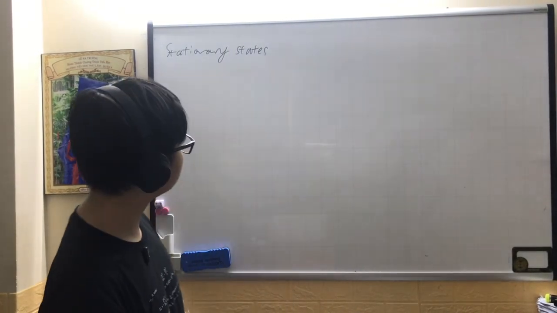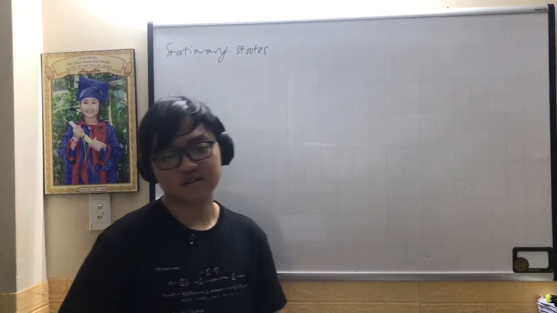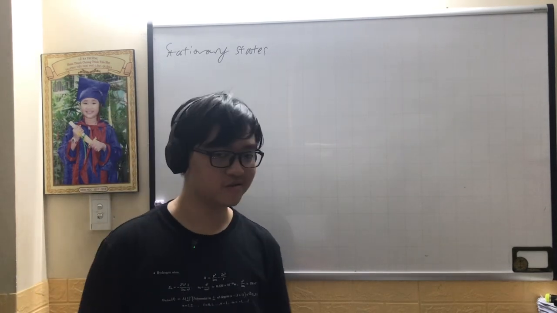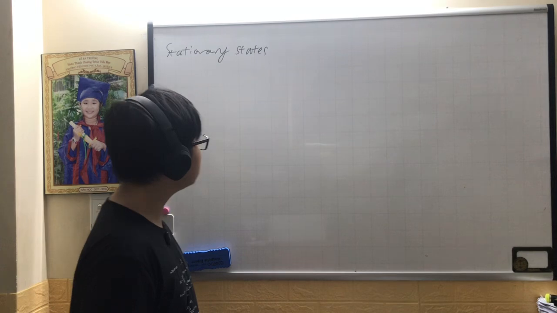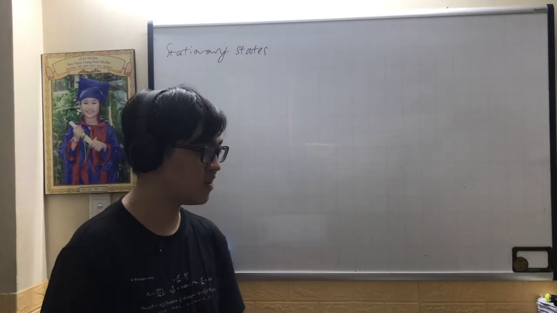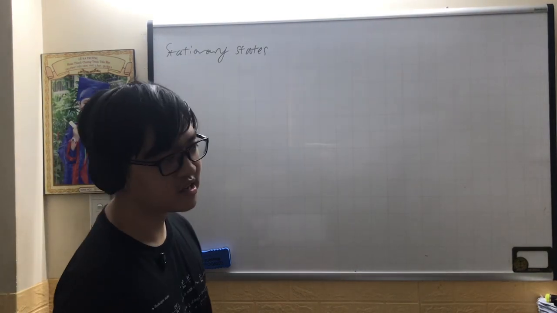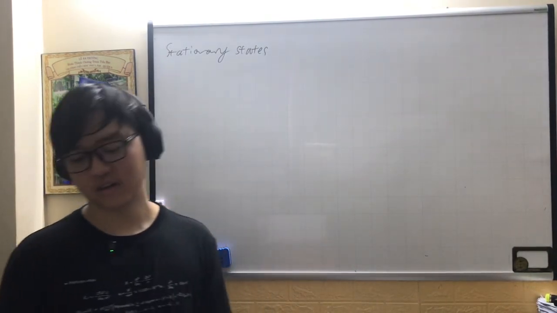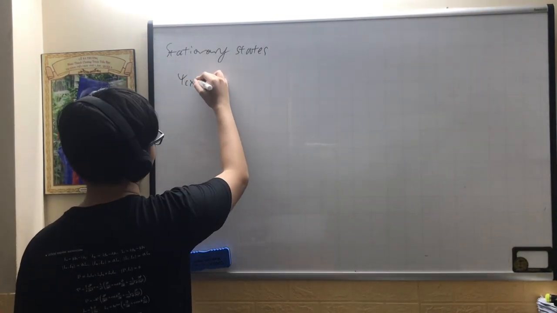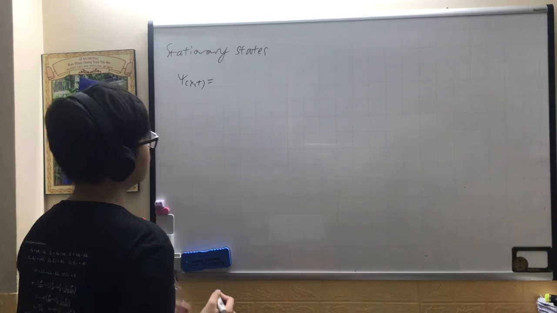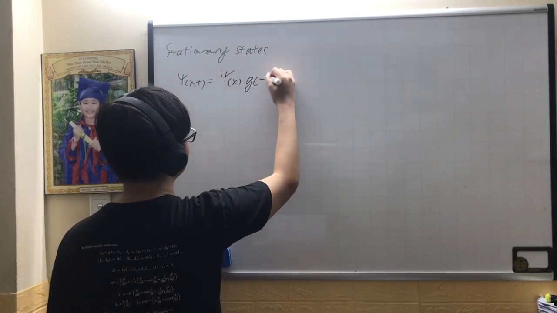Today we're going to talk about stationary states in quantum mechanics, and these are considered the simple solutions for your Schrödinger equation. The textbook definition of stationary states is that they have a factorized form of space and time, basically meaning that with a psi of x and t, you can write it as a psi of x and a g of t.